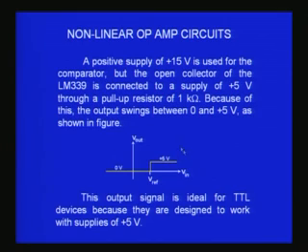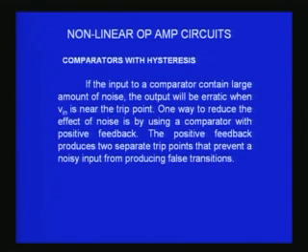So the transfer curve for that circuit will be 0 volts until I come to the V reference, and beyond that it will be plus 5 volts. Now all these comparators that I have talked about so far will have transition occurring at plus or minus 150 microvolts, which I have already mentioned again and again.